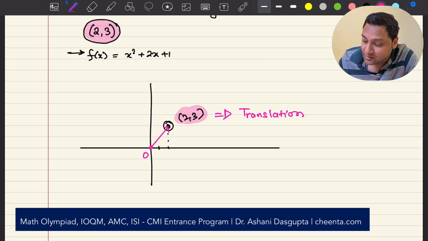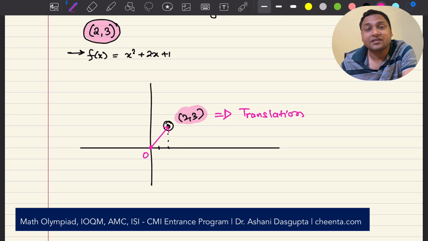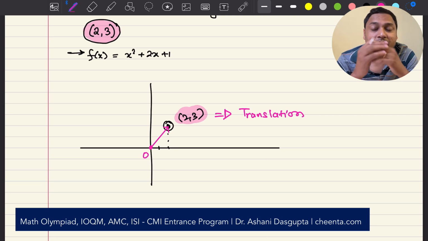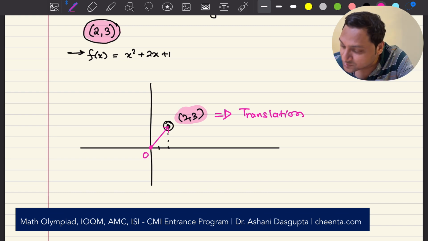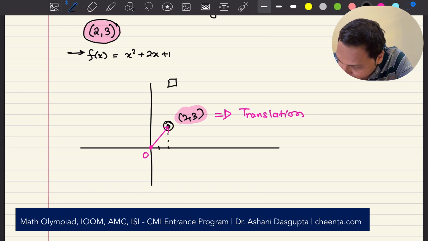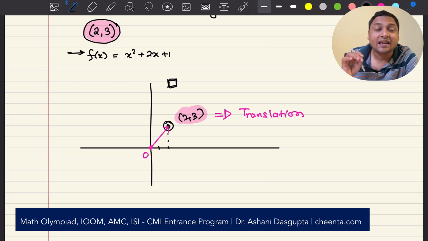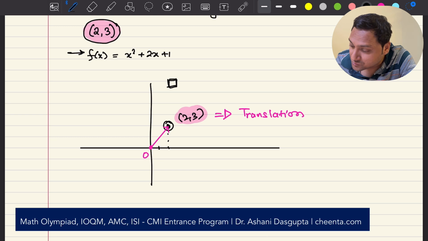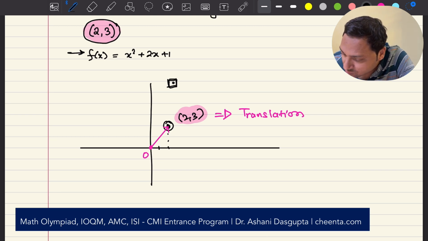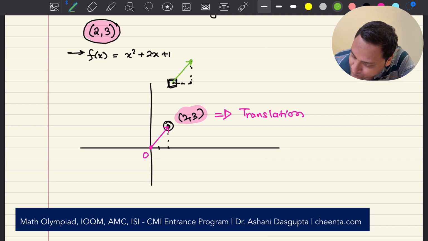Translation means you move an object in the direction of 2, 3 and the magnitude of movement is this much. So let's suppose we have an object here, and I say give it a translation 2, 3. What you would do is you would move right by 2 units, up by 3 units, and you basically drag this object from here to here.